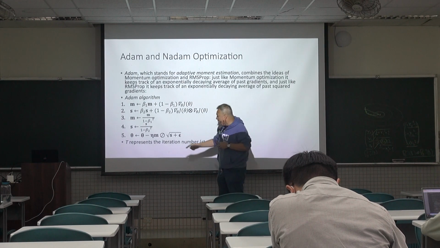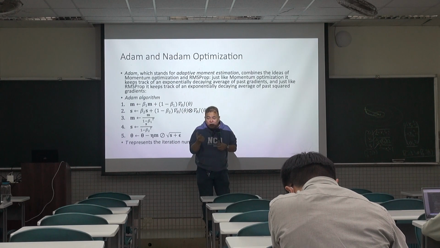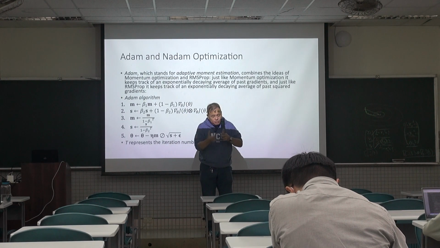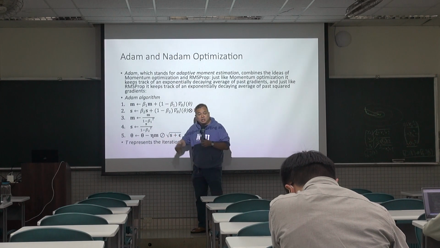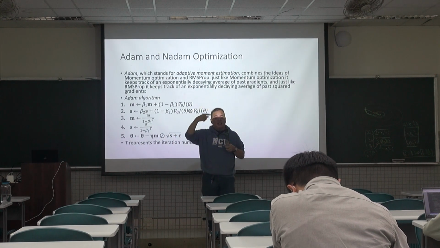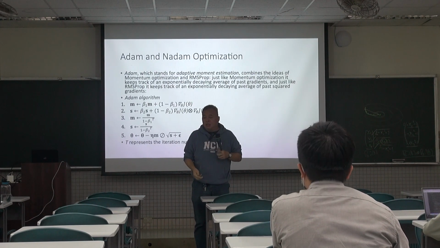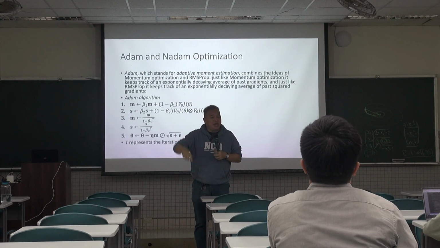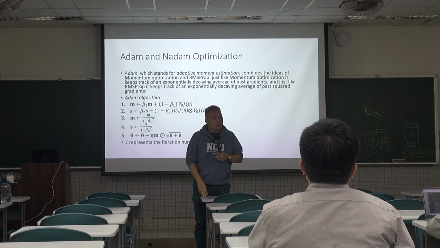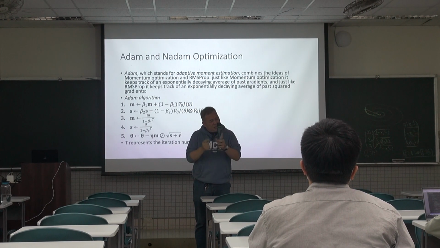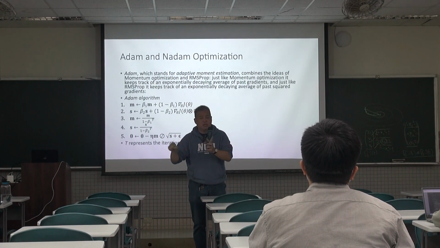Because remember, beta 1 is a value smaller than 1, such as 0.9, and T is the iteration. Once T gets larger, for example 10 iterations, 0.9 to the power of 10 is going to be close to 0, right? That value is quickly going close to 0.